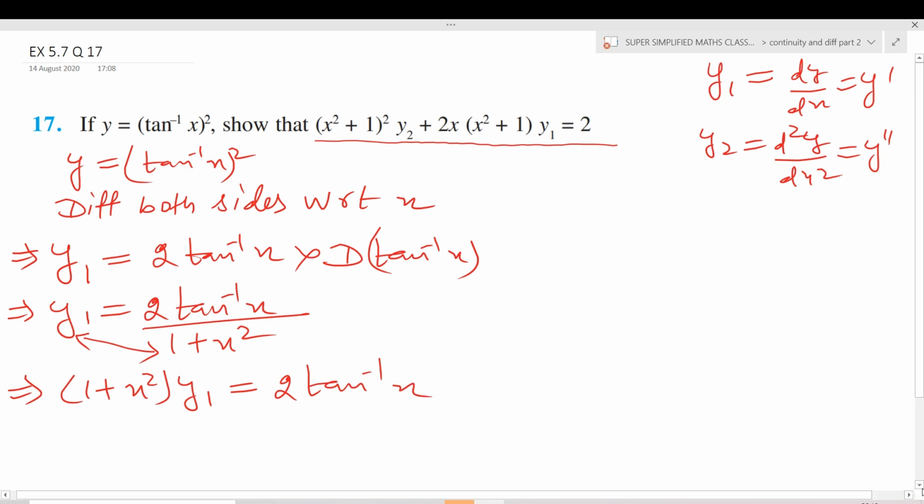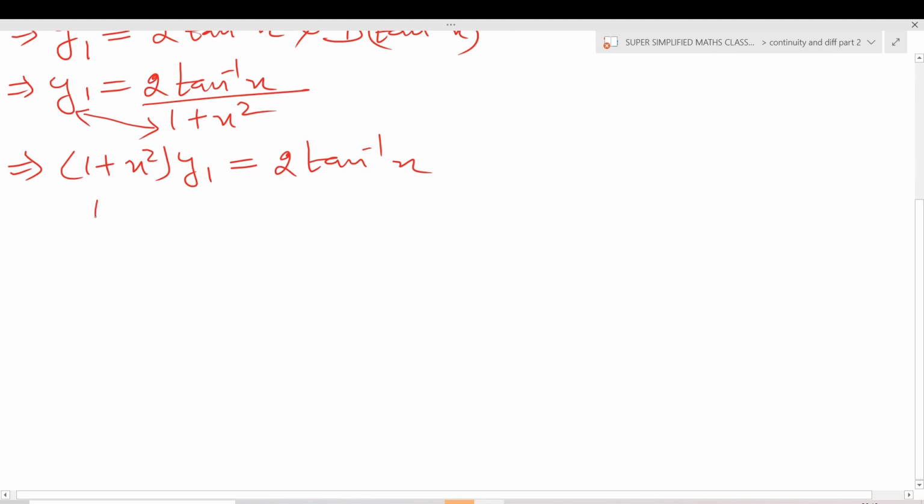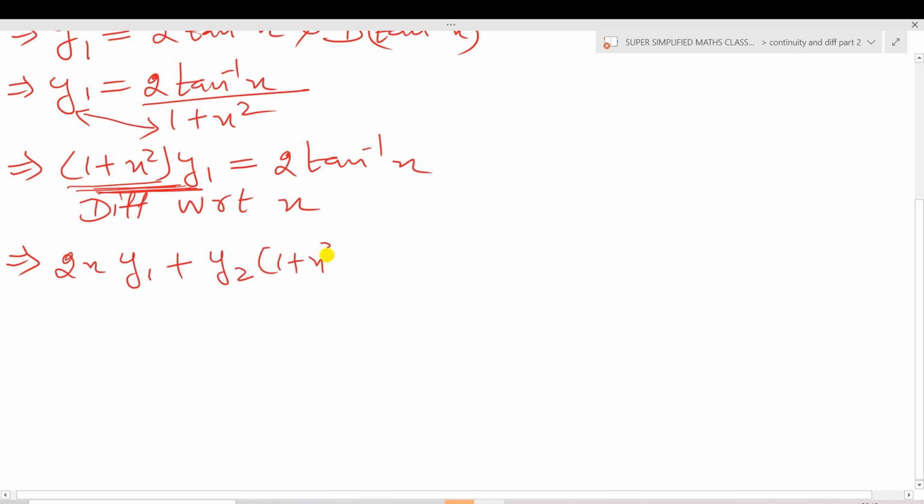So, again differentiating at this step, both sides with respect to x. Now you can see, students, on the left hand side, these are two terms, so you have to apply the product rule. So derivative of 1 plus x square is 2x into y1 plus derivative of y1 is y2 into (1 plus x square), and on right hand side 2 is constant.